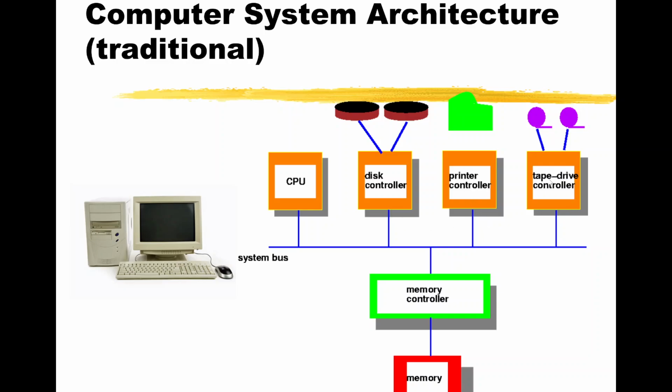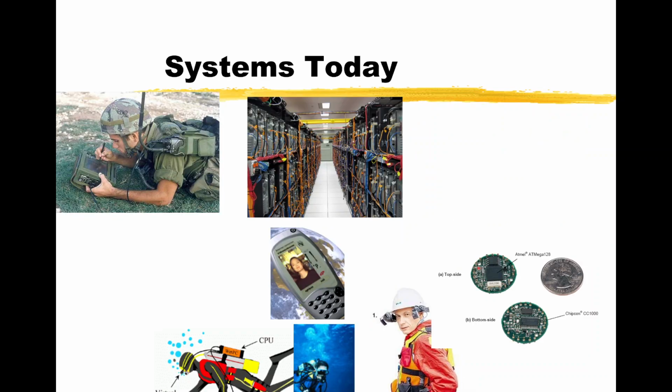It has the tape drive controller. You have the memory controller, and then you have the main memory itself. Main memory is what we call the RAM. Remember, we also have the system bus that connects every part together. This is the main architecture of the system, and each of these resources must be properly handled by the operating system.